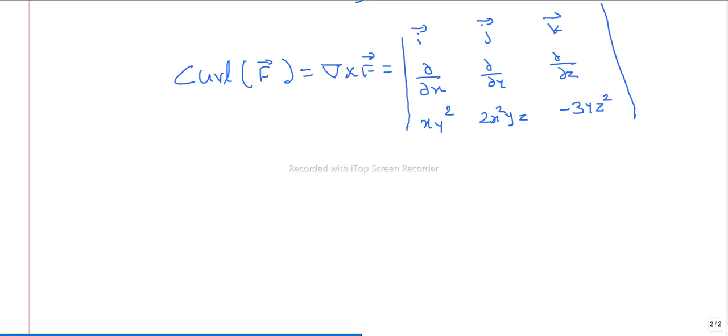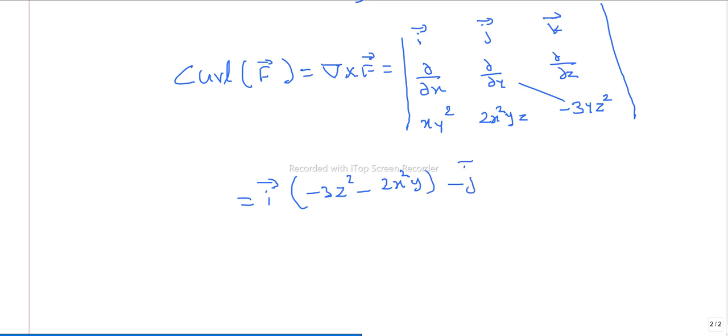Now if you expand via the first row, you get i vector times, if you differentiate partially with respect to y, 3 minus 3z square, minus, if you differentiate with respect to z, 2x square y.